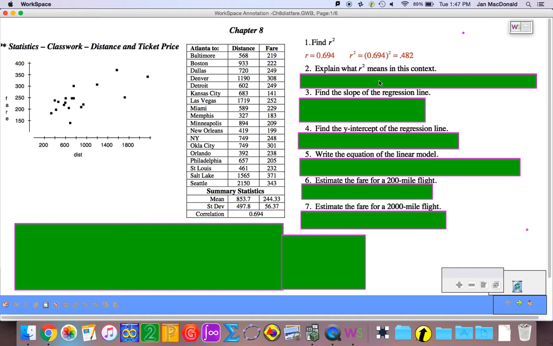Well, R squared, according to our Chapter 8 notes, is the percent variability of Y accounted for by X. Since Y is fare, the amount that you pay, and X is the distance traveled, we can say 48.2% of the variability in cost is accounted for by the distance traveled.